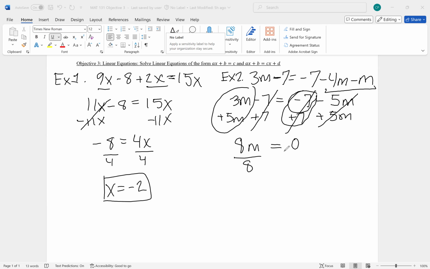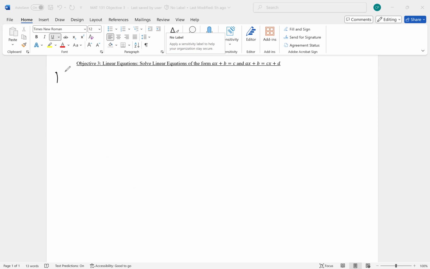So we're going to divide both sides by 8, and m is going to be equal to 0. Okay, let's look at another problem that's just like that one, where that does not happen. So let's look at example 3.